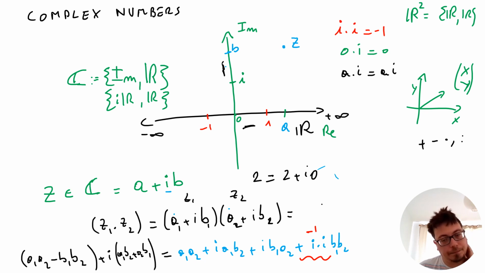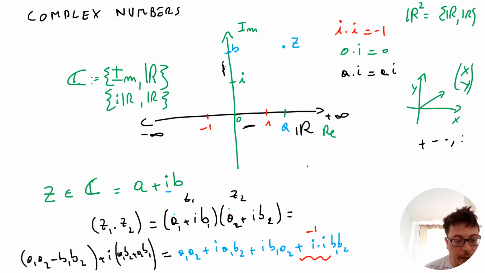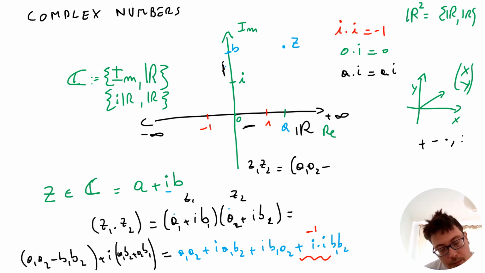So as you can see, even though it's written badly, and I will rewrite it up here, the multiplication of two complex numbers is again a complex number with two real numbers and the symbol i that separates them, not divides, separates.